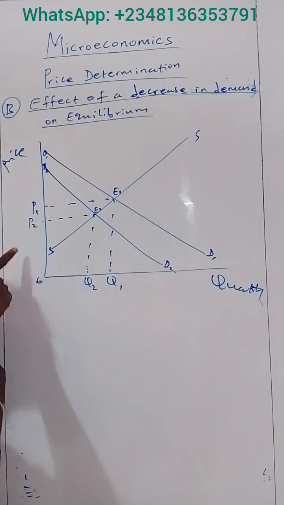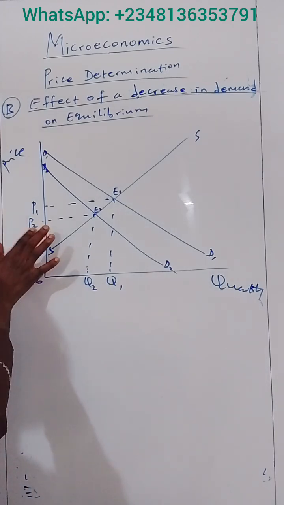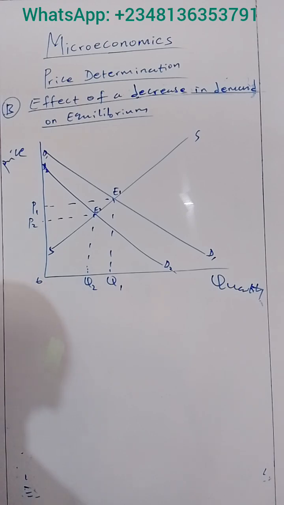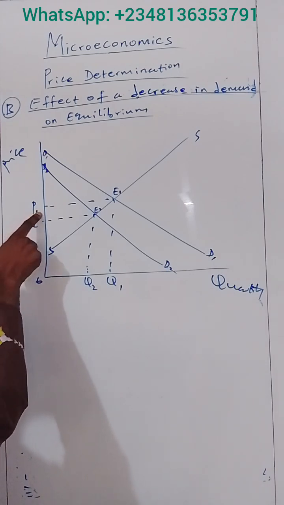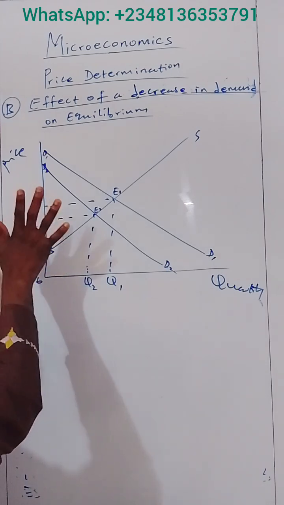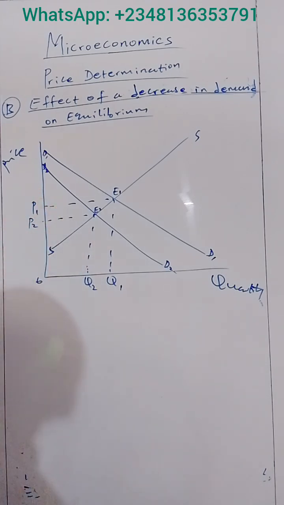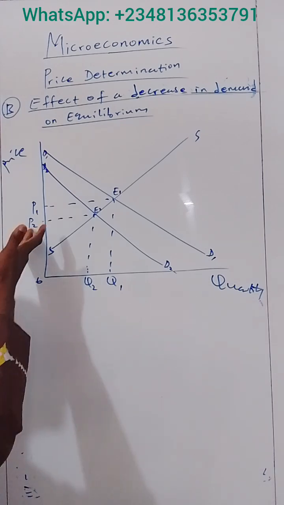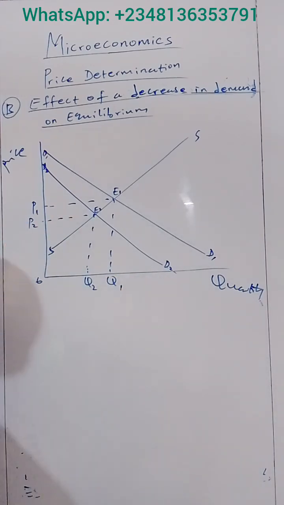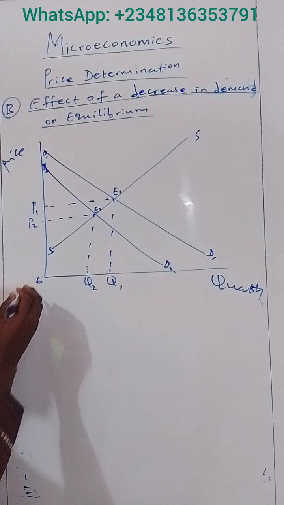Don't get confused about P1 and P2. These are not numbers. They are just identifiers to identify a point. So you cannot say P1 is greater than P2; it depends on the position on the diagram. Likewise, don't get confused about that.